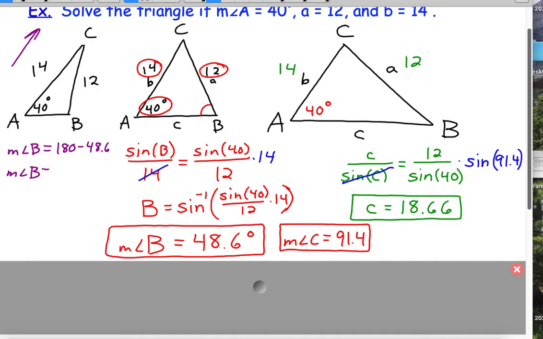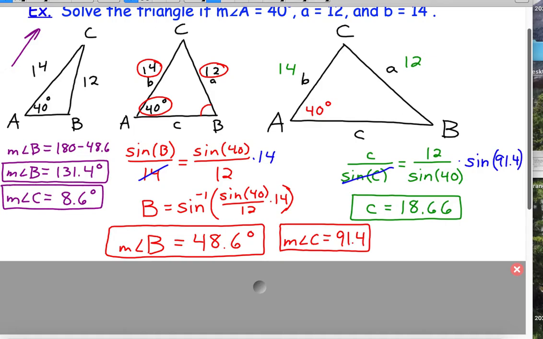And you grab the calculator and punch that in, and you get 131.4, I believe, degrees for angle B. And therefore, angle C is going to be a very tiny angle now, because one of the angles is 131.4 and the other angle is 40 degrees. That's 171.4. So what does that leave angle C to be? 8.6 degrees, I think. And we can check that on the calculator, but that should be correct.